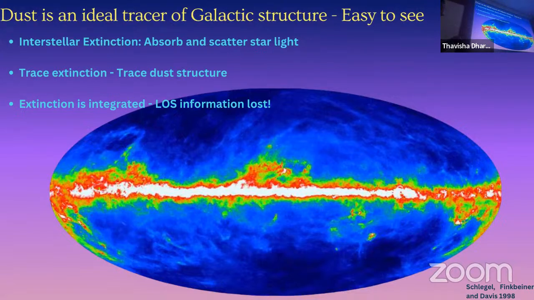One of the problems with extinction, and why we're trying to move on from just using extinction, is that extinction is an integrated quantity, which I'll explain in a little while. So you lose everything that's behind this wall of dust that you're looking at. It's basically compressed down. So we want to move on from using just extinction to expanding it out a bit more.